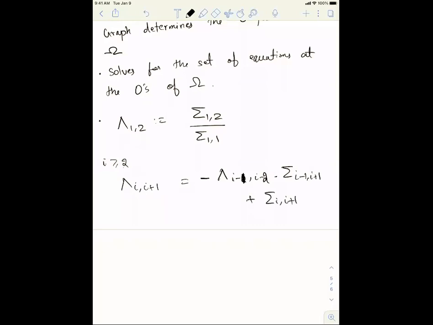It will essentially be a division of two polynomials. In this case, it's just going to be a polynomial of degree 1 times.